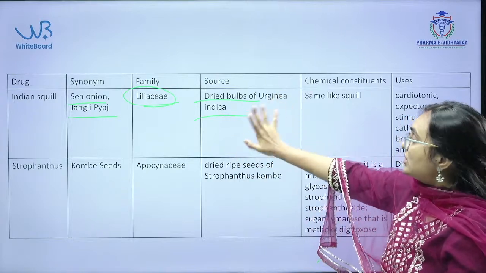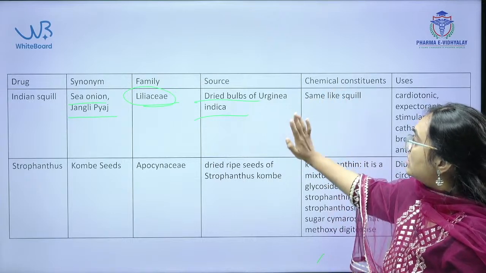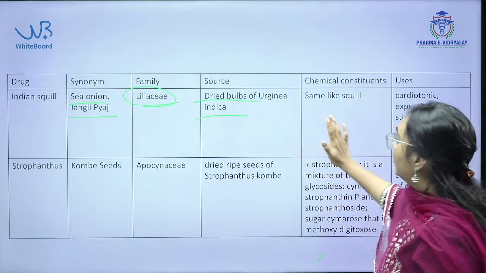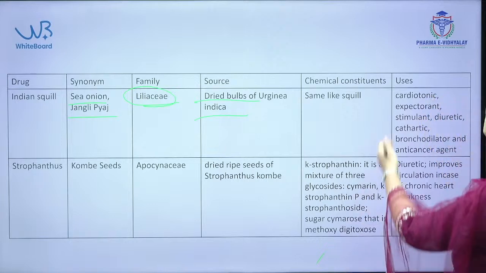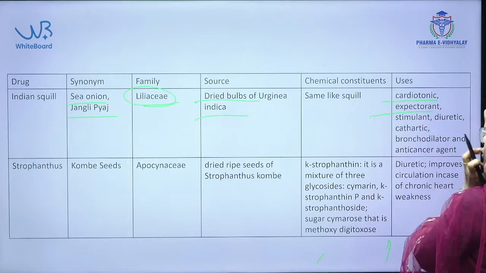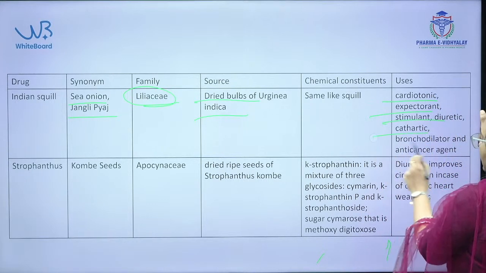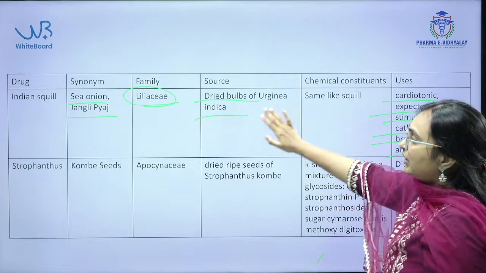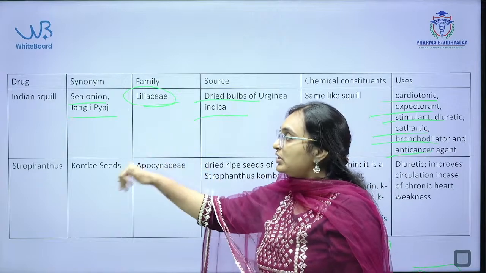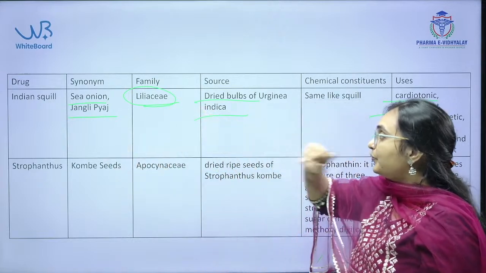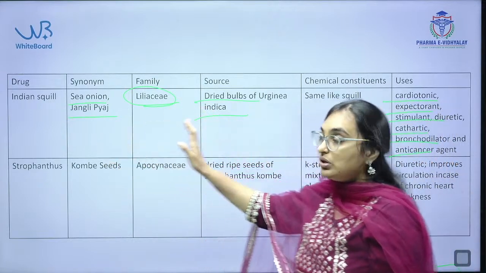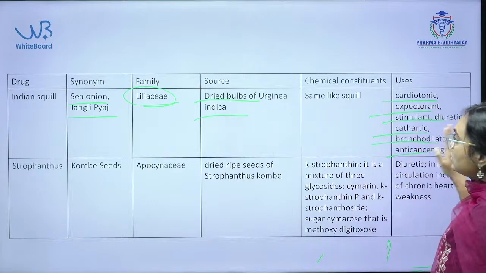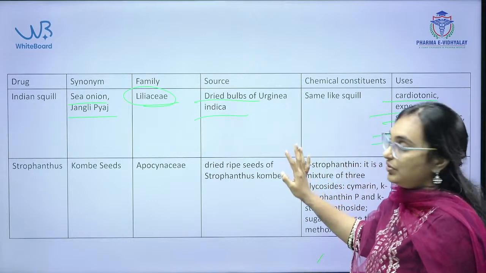Species is different, genus is same, and chemical constituents are the same as squill: scillaren A, scillaren B, proscillaridin. Uses are also cardiotonic, expectorant, stimulant, cathartic, diuretic, anti-cancer. Okay, it is almost the same as European squill, but the source is somewhat different.